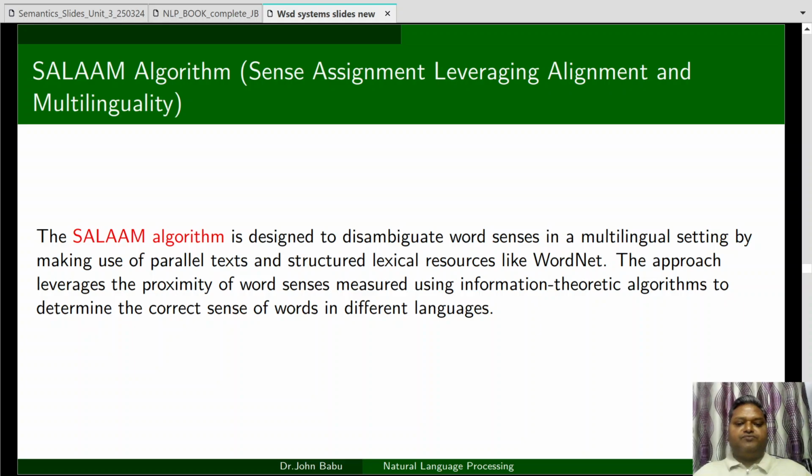For example, we have been talking about bank. So in English, bank has prominently two senses. In one sense, it is a financial institution where we deposit the money and withdraw the money, financial bank. And in another sense, it is a river bank or a pond near water resources.